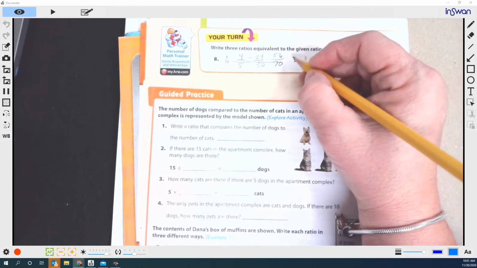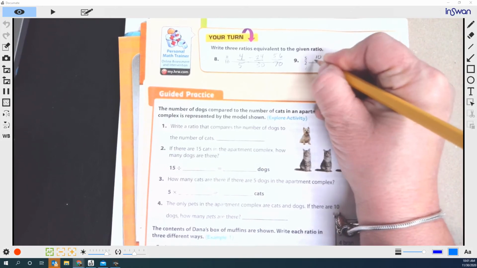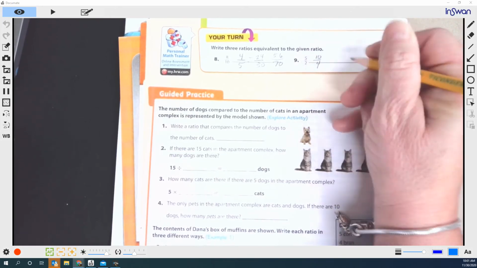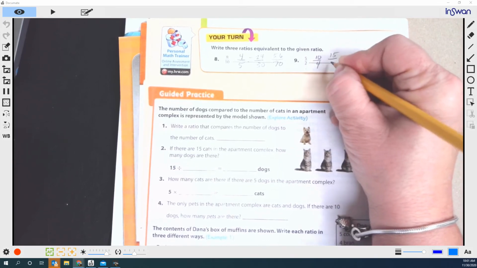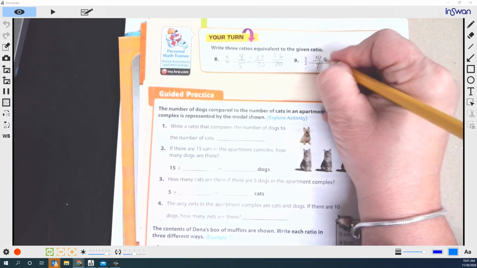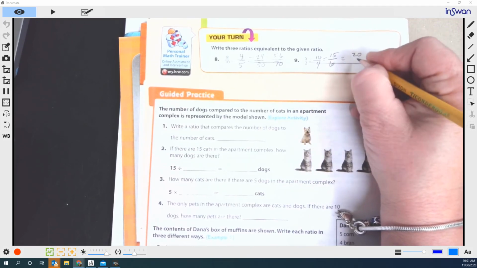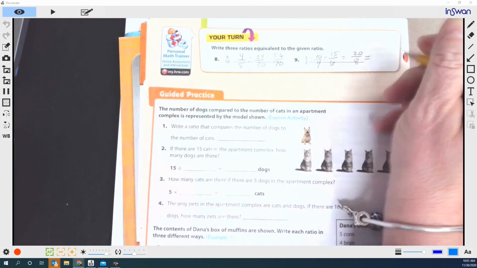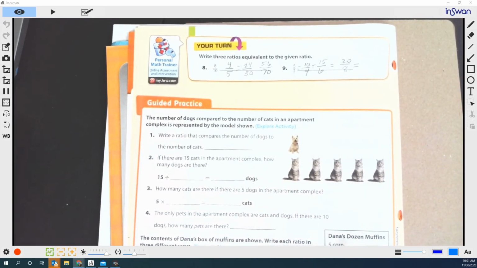You could make 3 ratios that are equivalent, multiply it by 2, would be 10 to 4. By 3, 5 times 3 is 15. 2 times 3 is 6. By 4, 5 times 4 is 20. 2 times 4 is 8. And you could keep going however many. It's just asking you for 3. But any 3 would be equivalent to that.